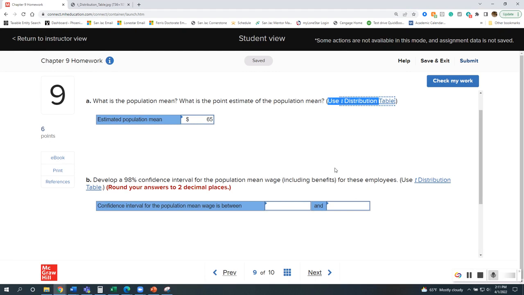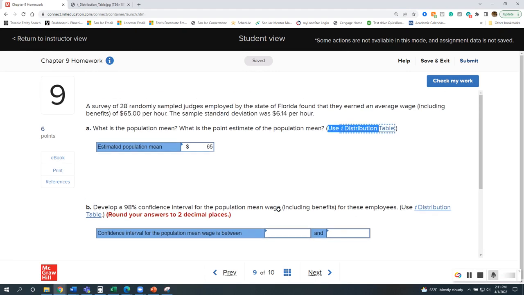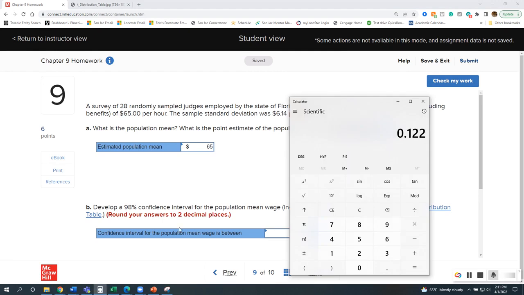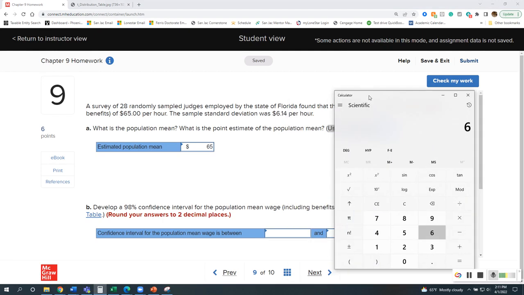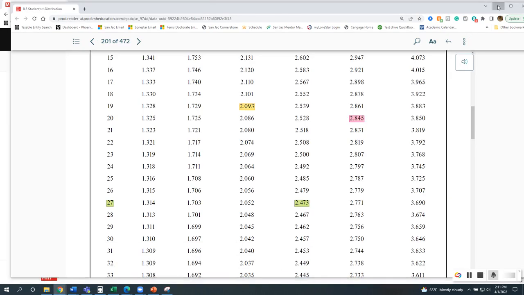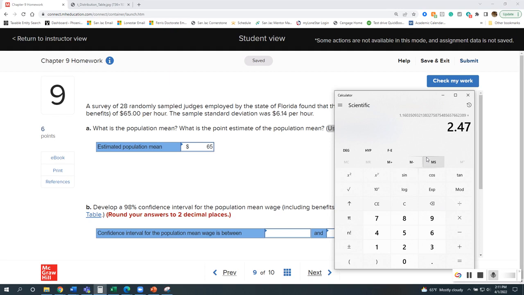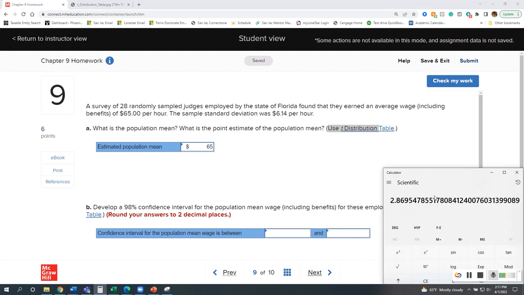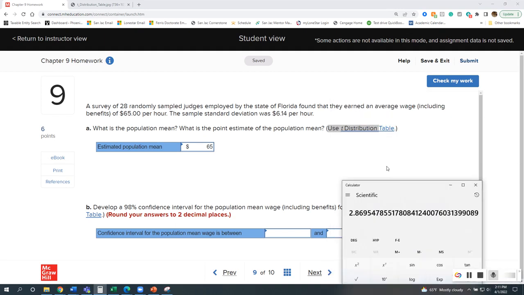But first, we're going to do our division, which is taking the standard deviation of the sample, 6.14, divided by the square root of our sample size. So 28 square root. It's going to be 1.16 times multiplied by our table value, which is 2.473. So it ends up being 2.86. Oh, it's rounding your answers to 2.